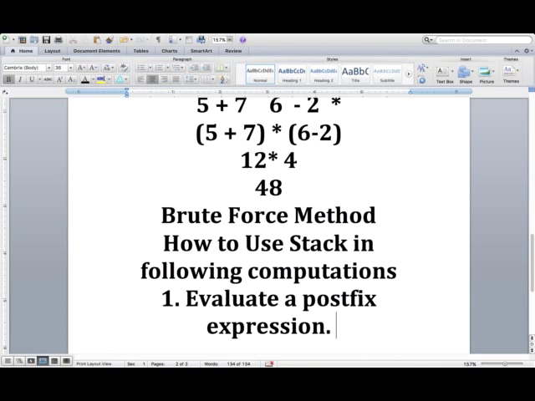In this one, I'll only show you how algorithm is executed using a stack.